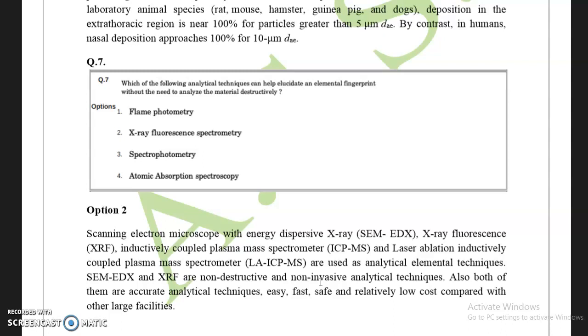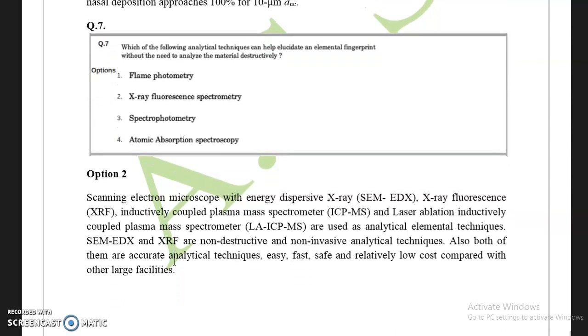That's why here we will choose option 2, X-ray fluorescence spectrometry, as they have asked without the need to analyze the material destructively. Hence, XRF is our correct answer. Moving on to next question.